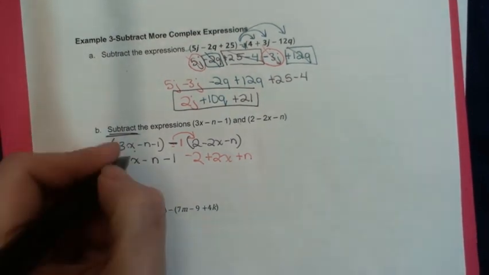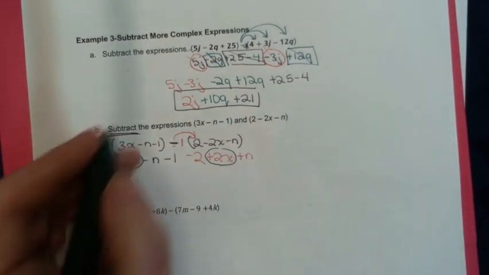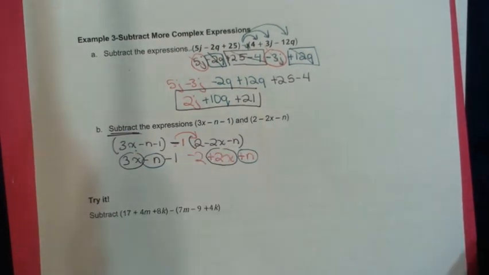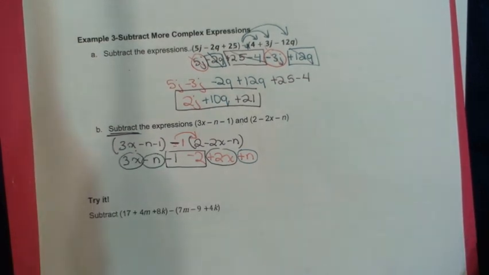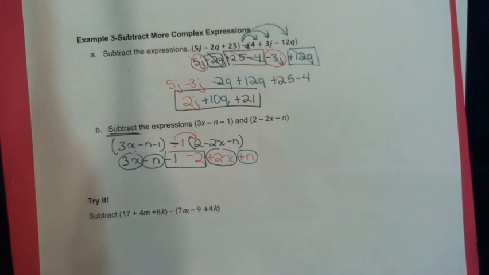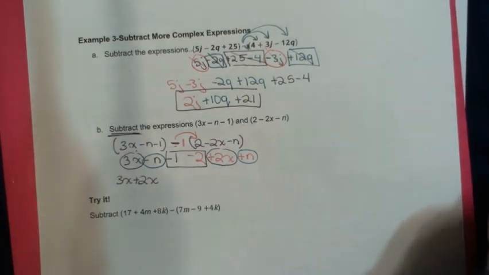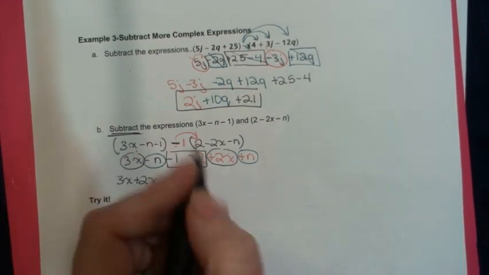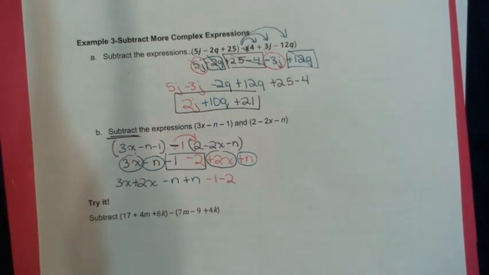Right now I combine like terms. I have an x and an x, n and n, -1 and -2. So I have 3x plus 2x, a -n plus an n, and then of course a -1 and a -2.